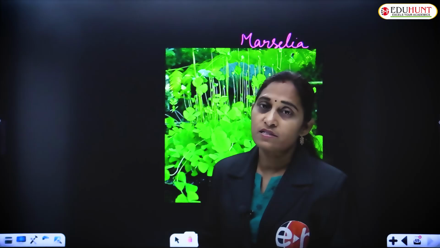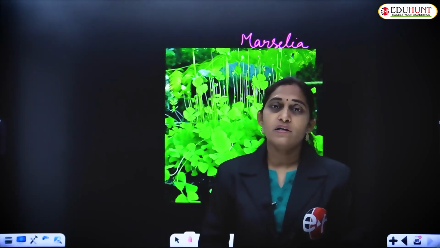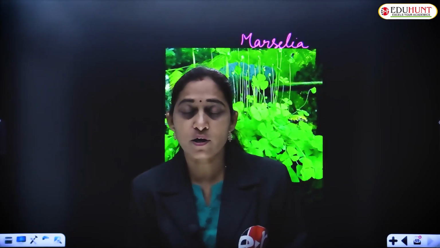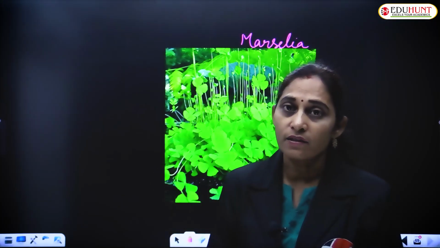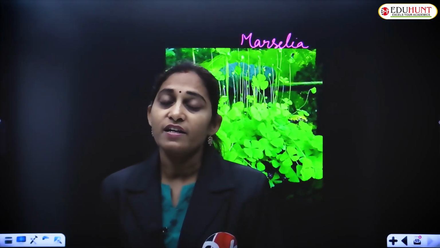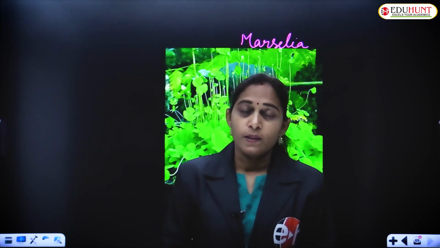Sexual reproduction is highly evolved oogamous type, and they produce male and female sex organs like antheridia and archegonia respectively. Antheridia produce the male gametes, they swim in water and reach the female gamete.